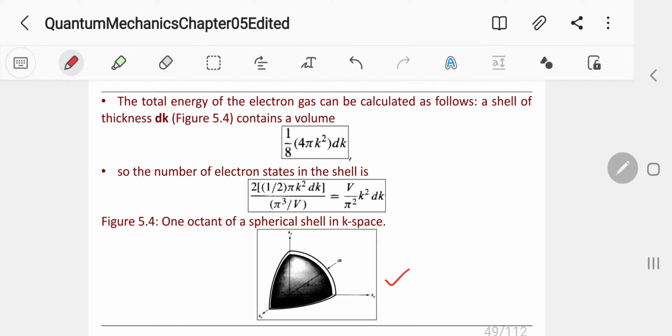The volume of the octant is 1/8 of 4/3 pi k cube. When you want to look at the surface, it is just, of course, the derivative of the volume.